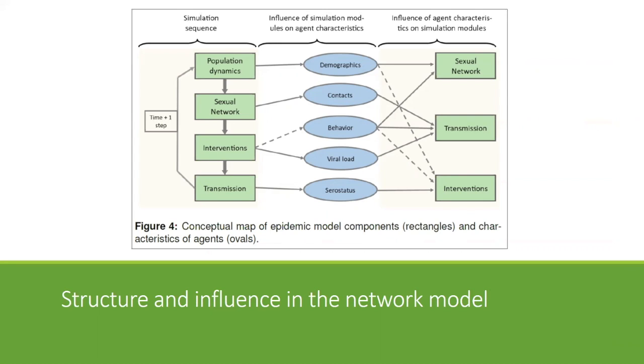In my world, that's typically a sexual network. Partnerships end, begin, short-term contacts happen. We see, is anybody eligible for an intervention? Deploy interventions, and then we see in what cases does transmission pass over a link in this network. Then T+1, we do it all again.